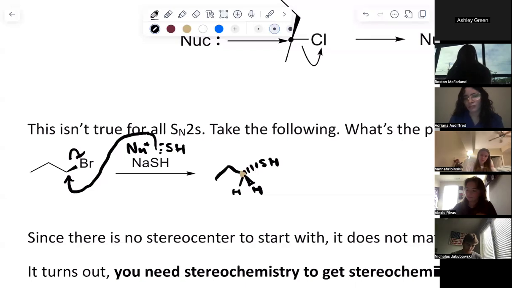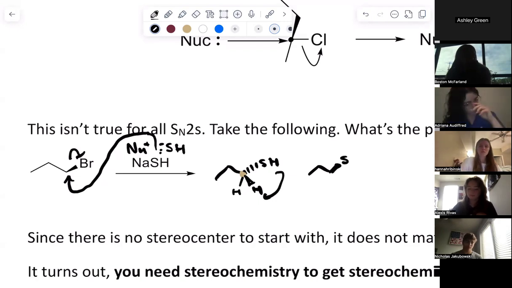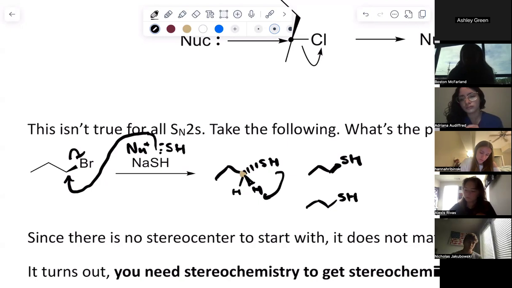But this doesn't matter. I can rotate that sulfur any direction and it doesn't change the molecule. That's the same as this, which is the same as having it on a flat. They're all the same because I'm just rotating it and not drawing the other hydrogens.